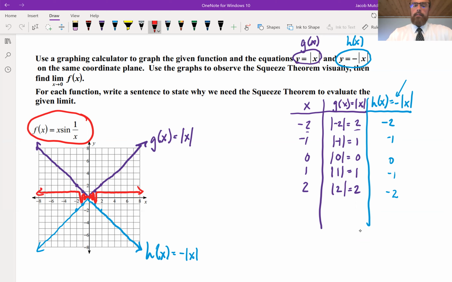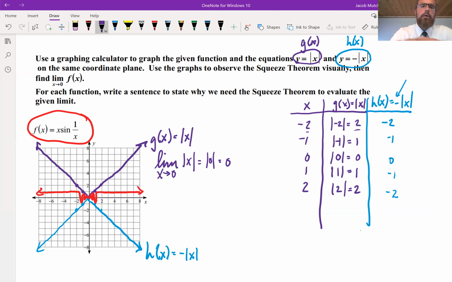Well, let's calculate the limit of the red function. Because of the squeeze theorem, I can do it. So let's calculate the limits of the outside. So the limit as x approaches 0 of the absolute value of x equals the absolute value of 0, if I do direct substitution, equals 0.